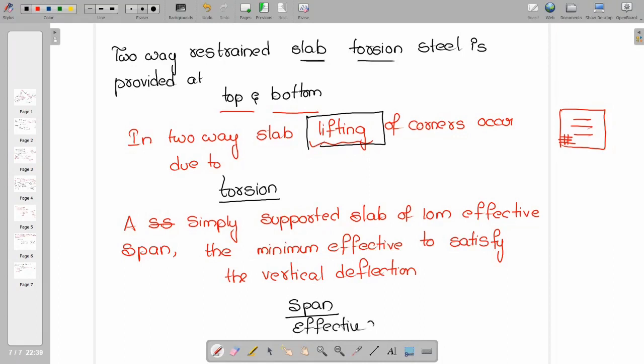I told you for simply supported beam it is equal to 20. So you can write here 10 meter by 20, that is equal to 0.5 meter, or 50 centimeter, or 500 mm.